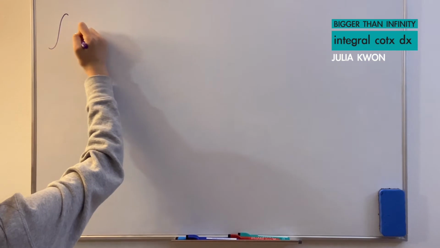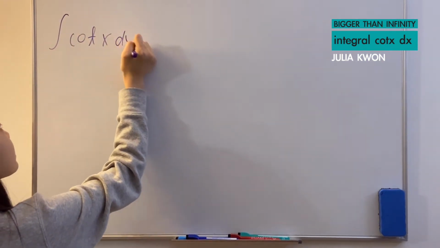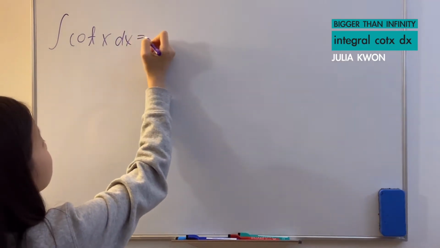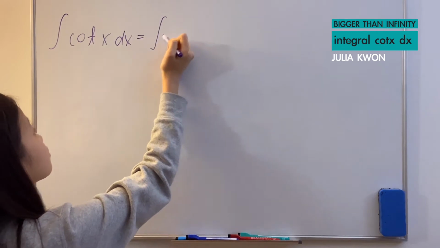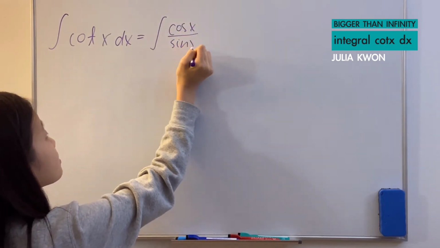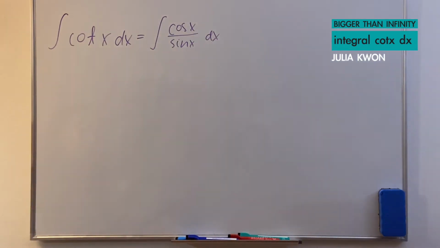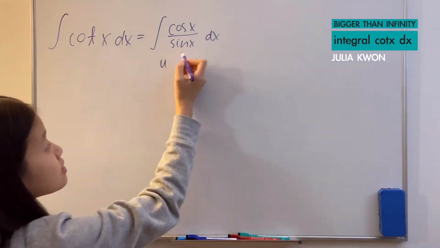The integral of cotangent x dx is, well, we're going to change cotangent x into cosine x over sine x. Cotangent x is equal to cosine x over sine x, and we're going to use the u-substitution rule for this.